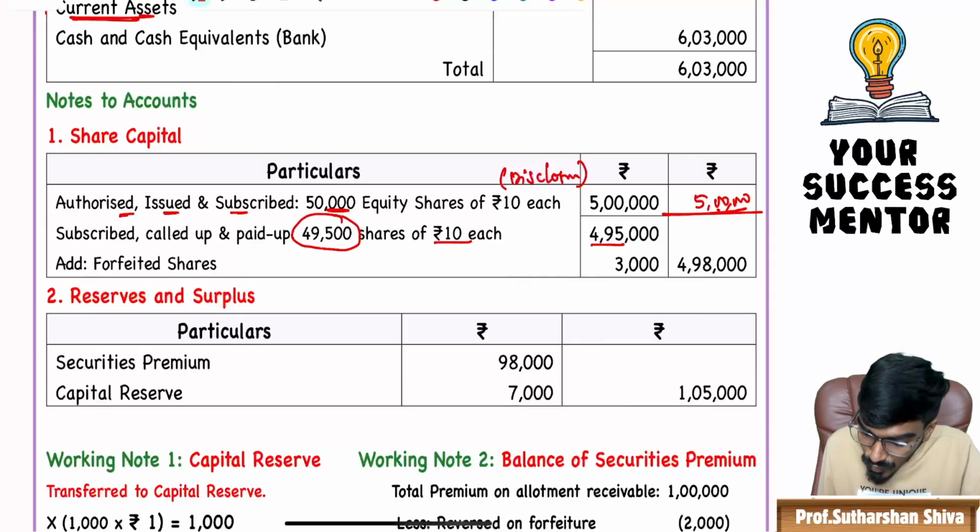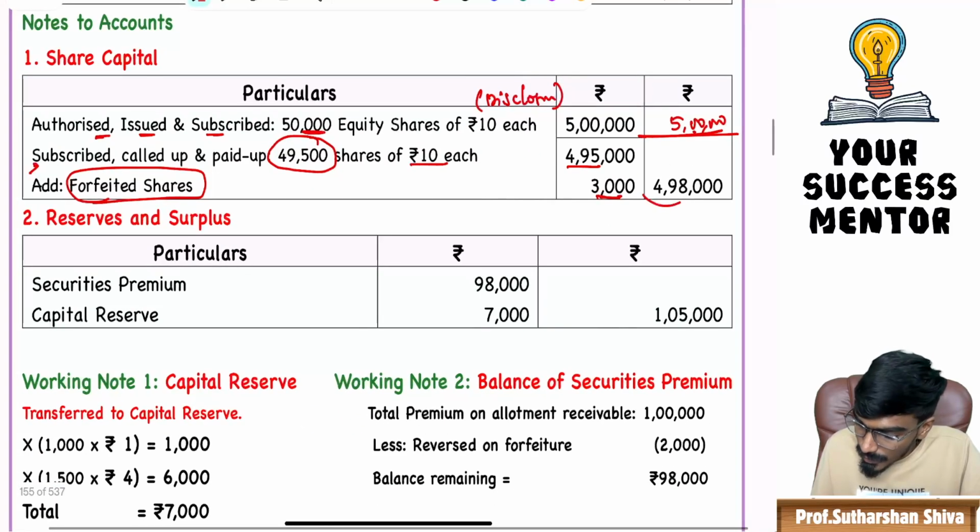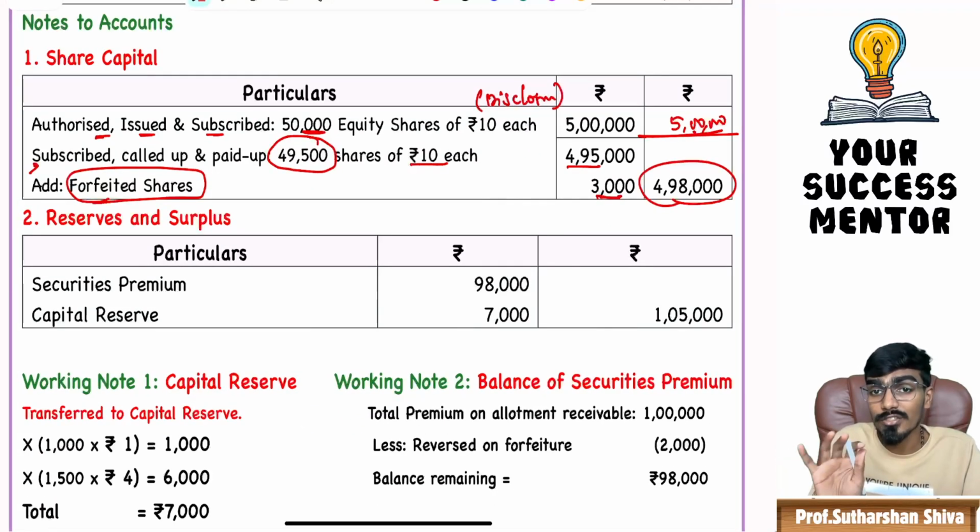On that, any forfeited shares you should add back under the subscribed capital. That is nothing but 3,000. This is notes to accounts 1, the presentation statement, not a working note.